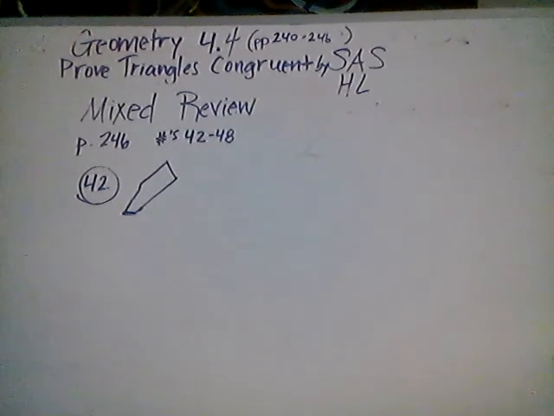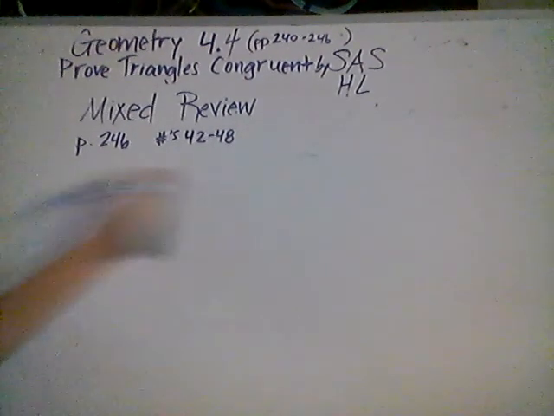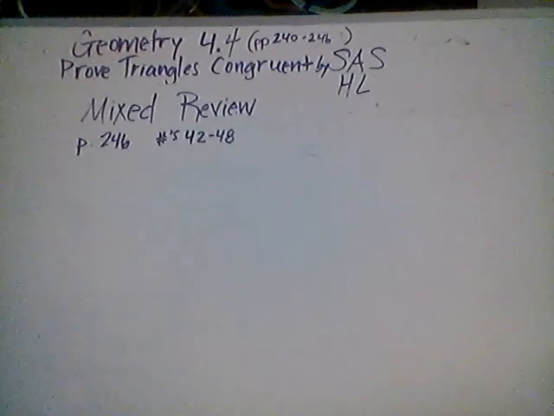Number 43, a quadrilateral that is equilateral but not equiangular. That means you're going to draw a 4-sided quadrilateral that has the same size sides but doesn't have the same size angles. I'll let you attempt that so that we aren't doing every single one together.